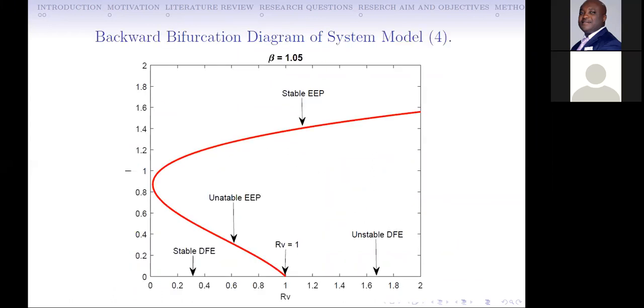There is also occurrence of backward bifurcation in the model with an imperfect vaccine. As we explained in the other section, when R0 is less than 1, it ensures that there is elimination of disease.